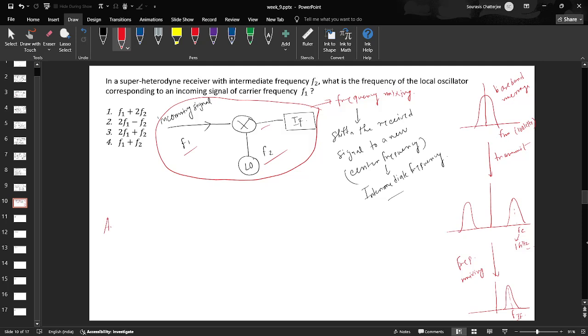Let me write it down. After frequency mixing, the signal is amplified, filtered and demodulated.